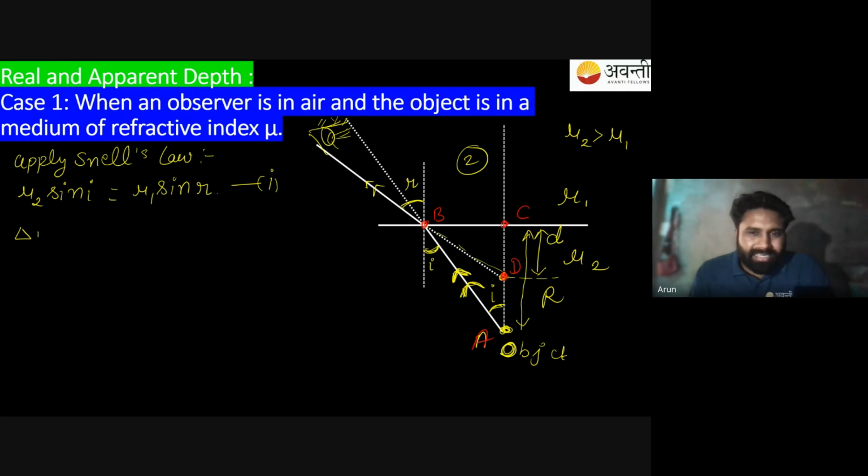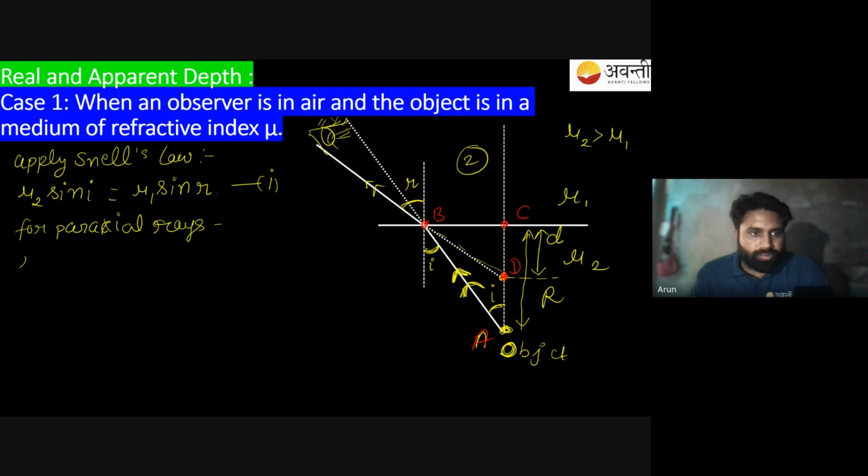So in triangle ABC, what is the value of sin I? These are the paraxial rays, so we would consider, firstly I will write this for paraxial rays.